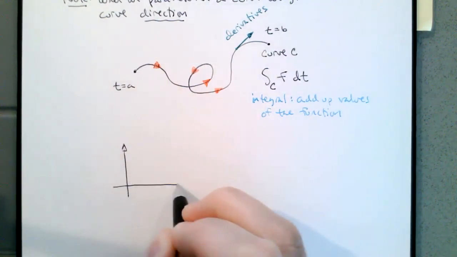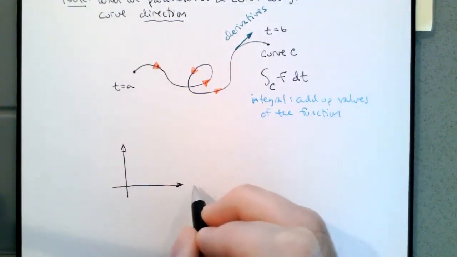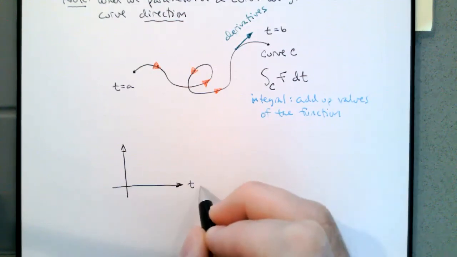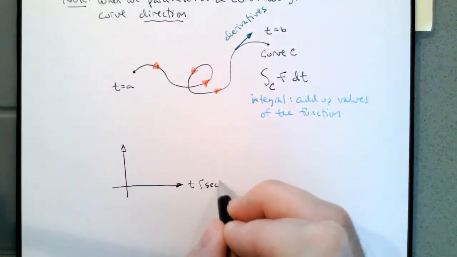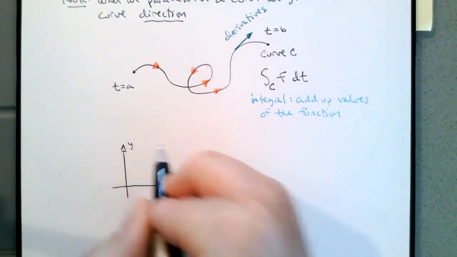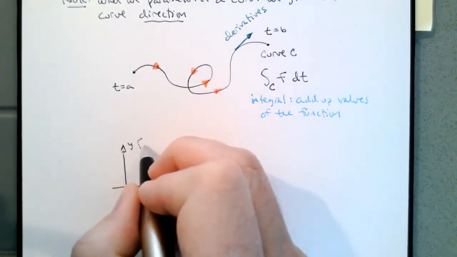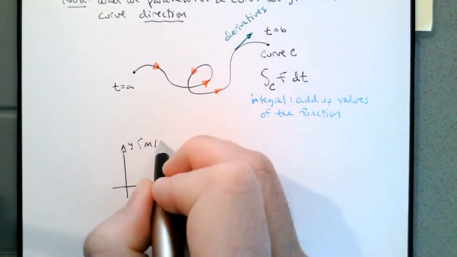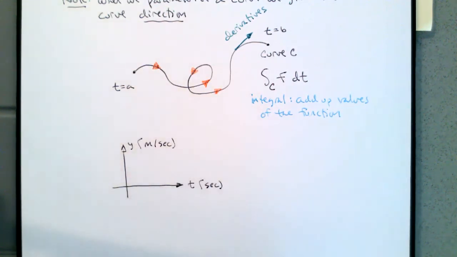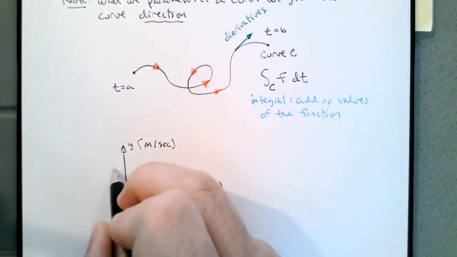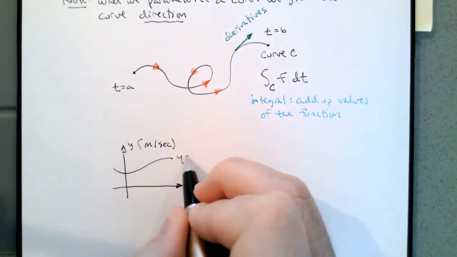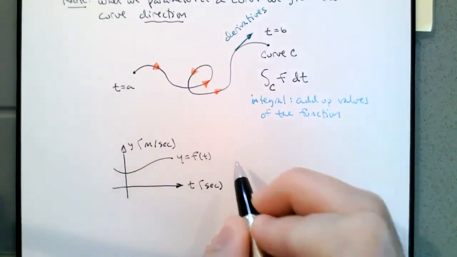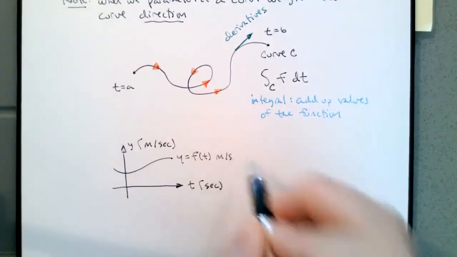But that problem still comes down to our t-axis being a function of time and our vertical axis being a function of speed. And so our function is in meters per second.